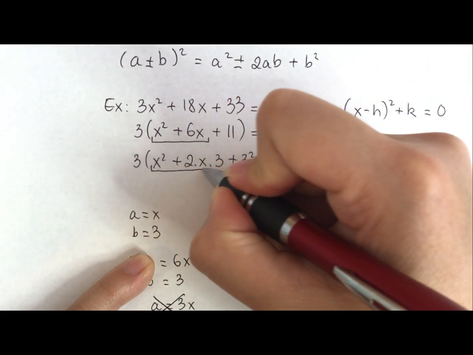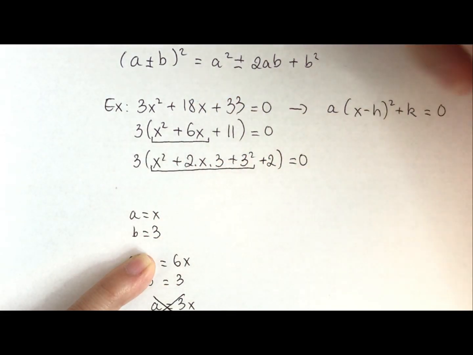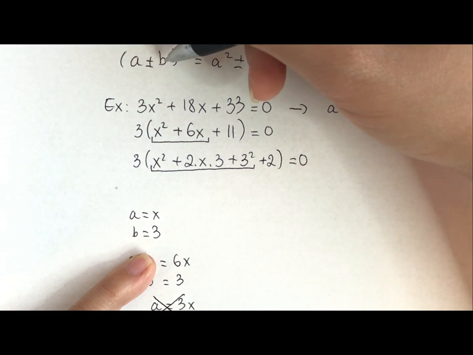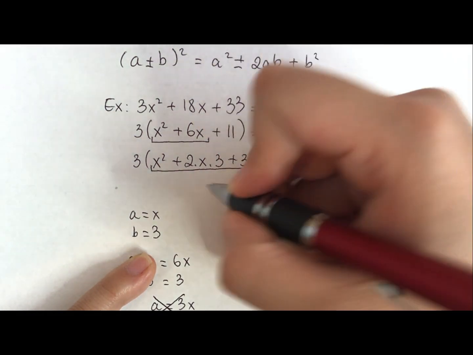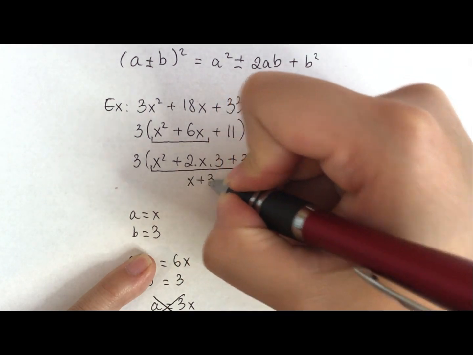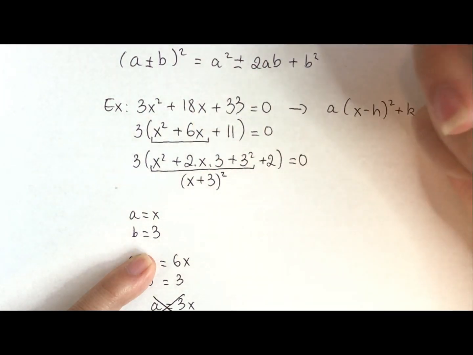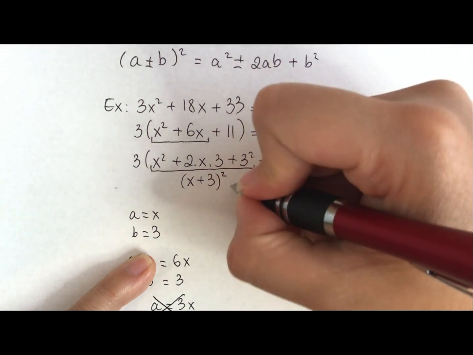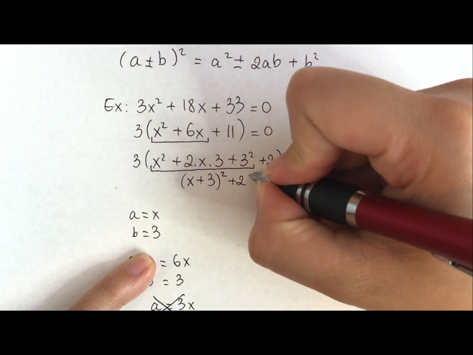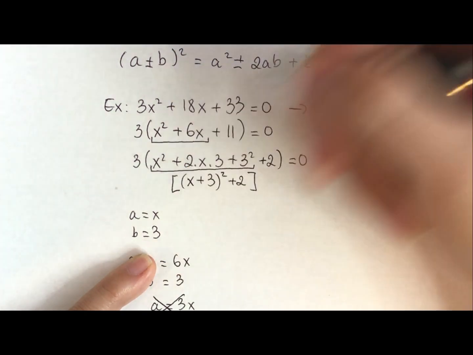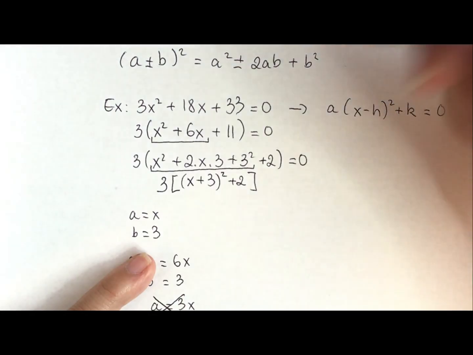So the first three terms of this are our right hand side, and we just need to turn it into the left hand side. Okay. So we're going to have (x plus 3) squared. Remember, the plus 2 is still there, and our coefficient of 3 is still there.